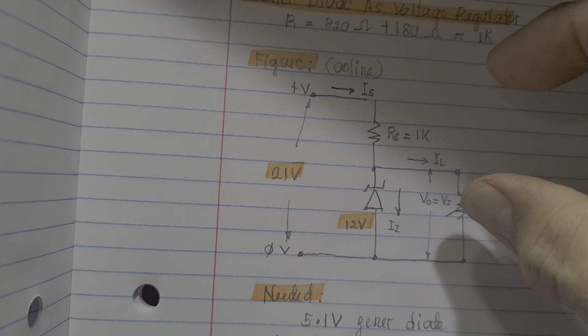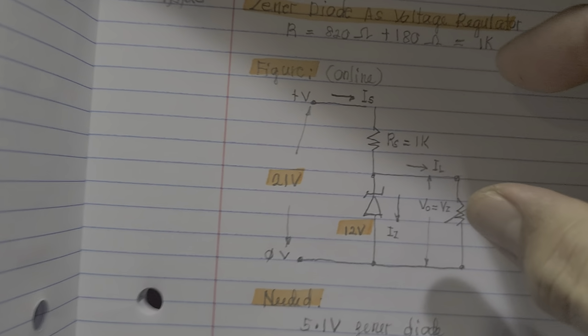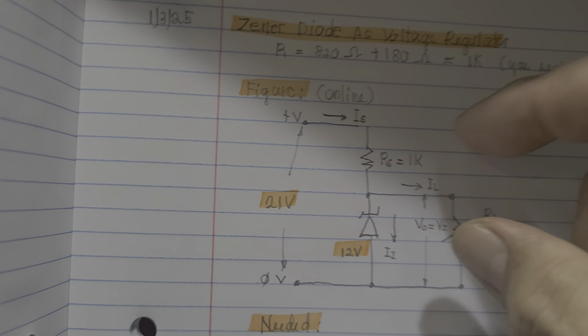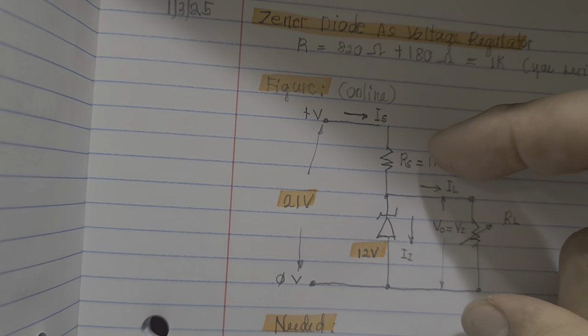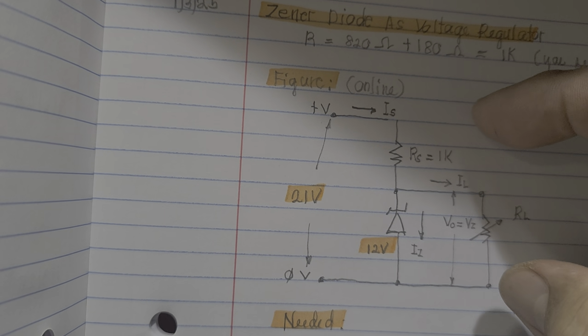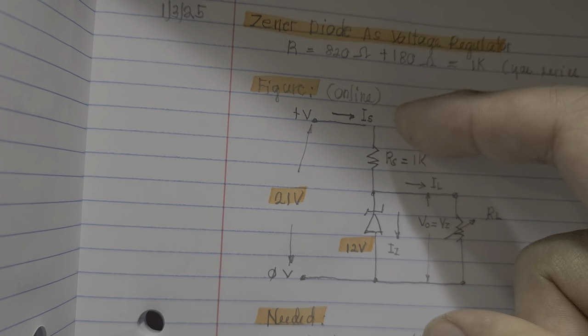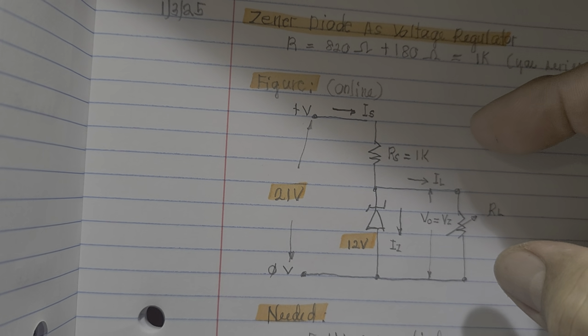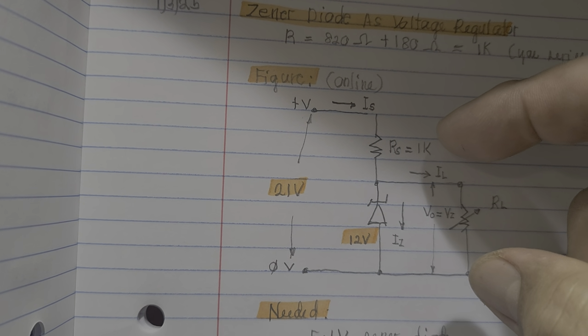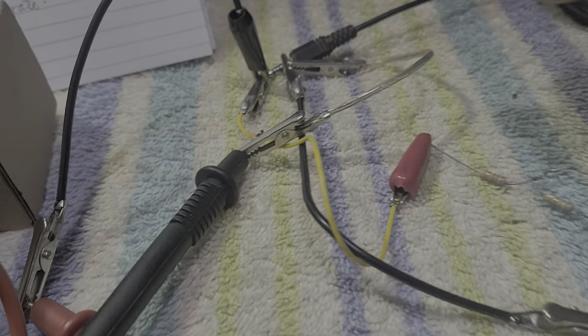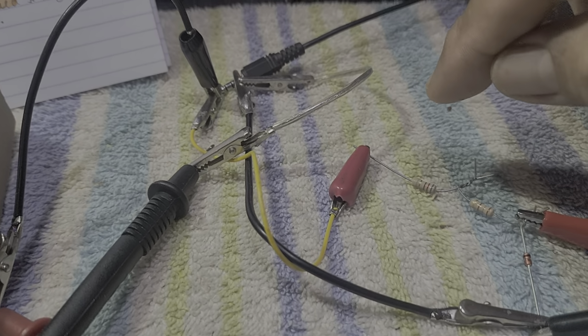And one of the requirements for a Zener diode is that there must be a series resistor here. For our example tonight, this RS, meaning series resistor, is actually 1K. What I did, guys, is that I don't have the exact 1K.